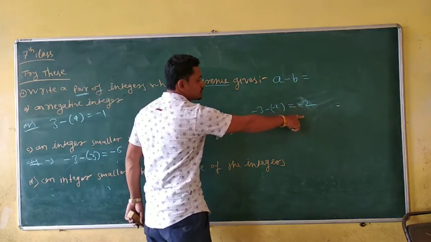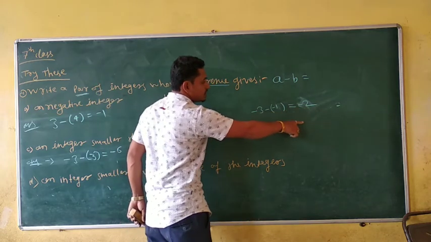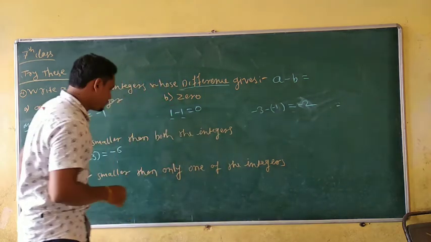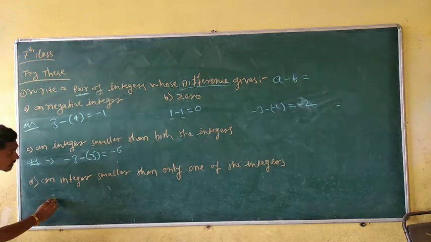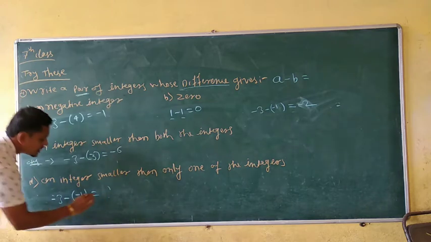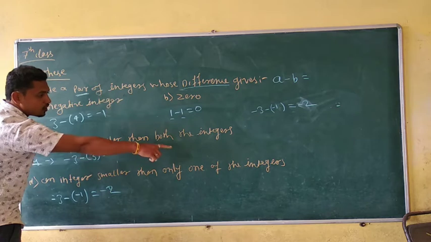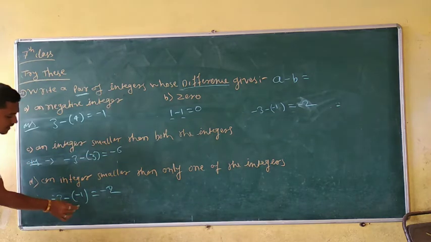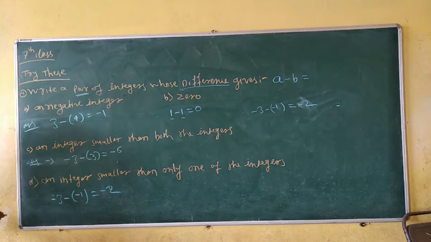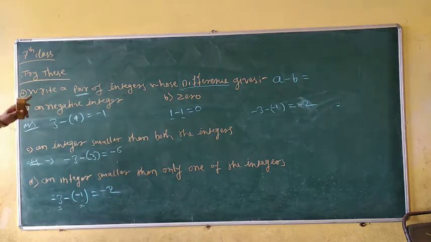Minus 2 is greater than minus 3 and minus 2 is smaller than minus 1. Is it right? So therefore your answer is minus 3 minus, minus 1 gives rise to minus 2. So the smaller than only one of the integers means minus 2 is smaller than minus 1 and minus 2 is greater than minus 3. Is it right? So here minus 3 and minus 1 is the pair of integers.